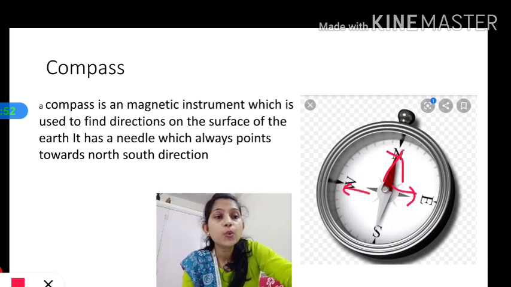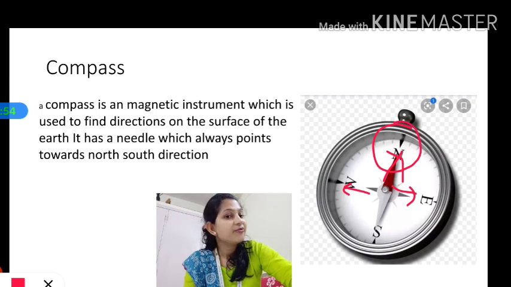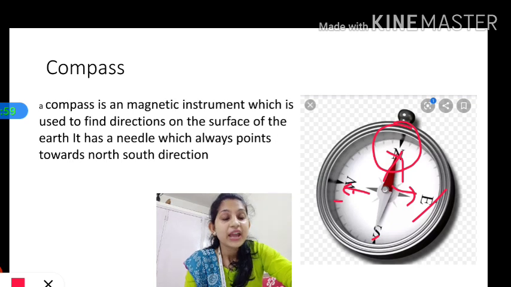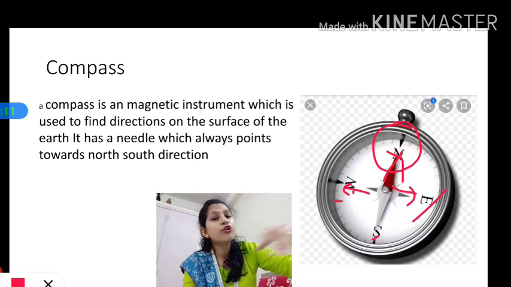So if we know one direction, very easily we can find out the other directions, and it will save us if we are lost either in some forest or in a ship. When sailors are going for a long journey, that time they use compass.